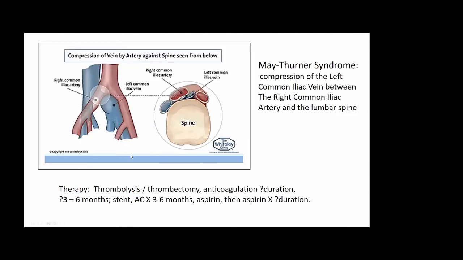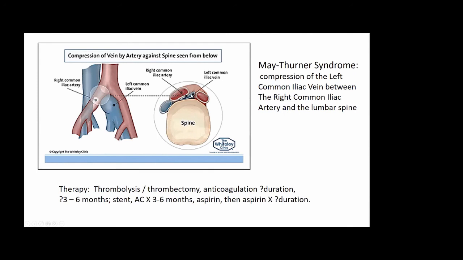Anyway, this is May-Thurner syndrome. You can see that, as you already know, the vena cava is to the right of the aorta, and in the pelvis, the aorta splits into the right and left common iliac arteries, and the right common iliac artery overlies the left common iliac vein. A cross section at this level shows one of the lumbar vertebrae.